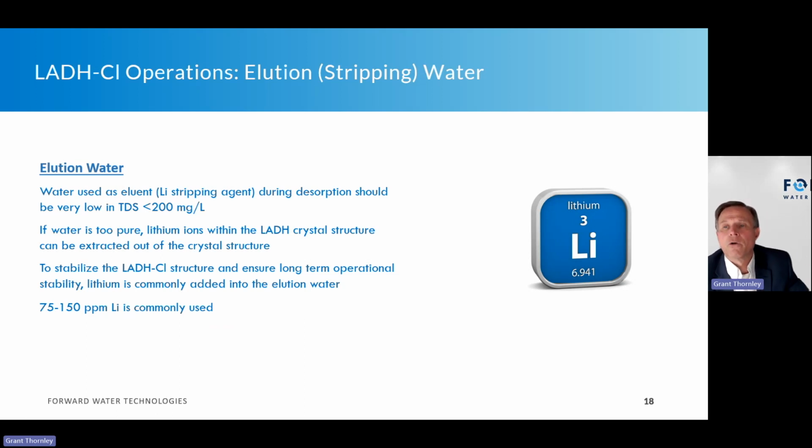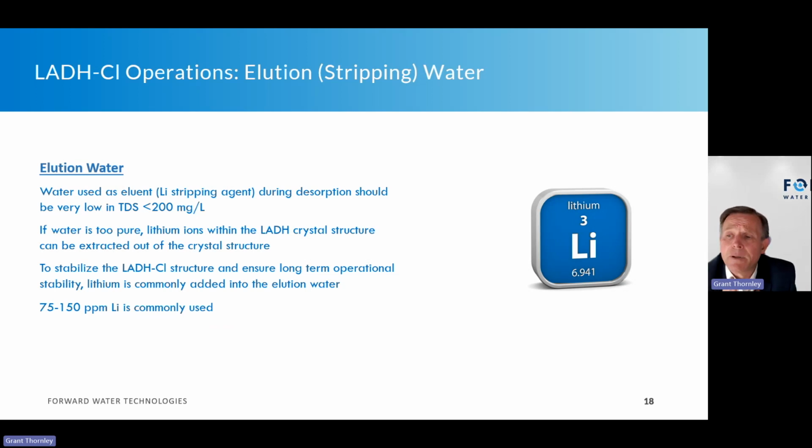So where am I going with this? If I use water for my eluent, great, my stripping agent, perfect, low TDS, excellent. And I add lithium at around 75 to 150 ppm into that eluent water, what happens is that because I have lithium in there, it actually stabilizes the structure. So it doesn't become hungry to pull lithium out, because now I've got lithium in the resin and lithium in my eluent water.